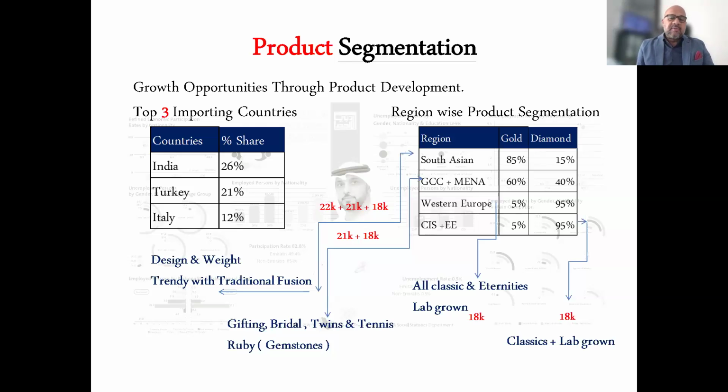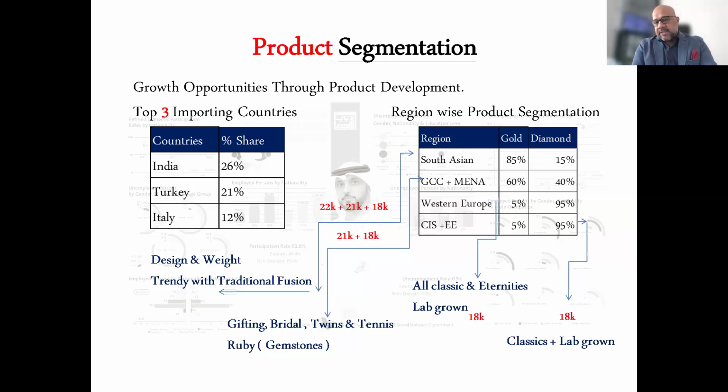When I say traditional fusion, all of you must be knowing the gold types. There is Bahraini gold, there is Kuwaiti gold, there is Omani gold, and in that there are designs. There's a lot of fusion that is happening where people prefer to use that kind of jewelry. When it comes to GCC MENA, the major buying is gifting, bridals, twins, and tennis.